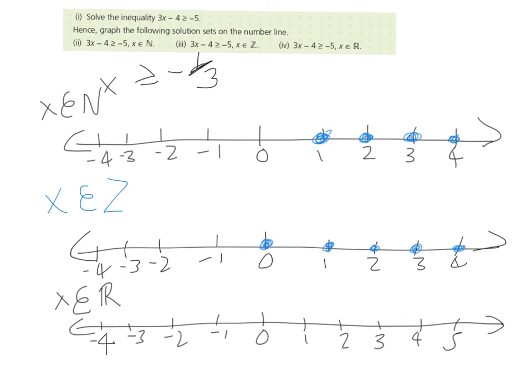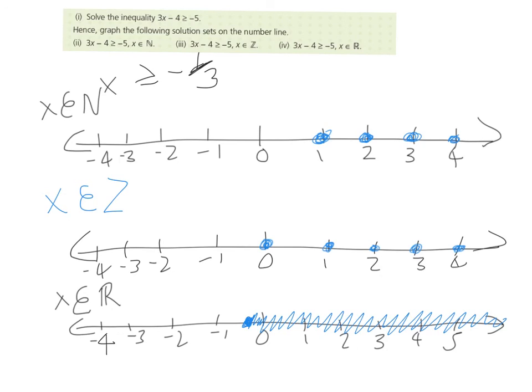So, well, minus 1/3 is a real number. And that's around there. And then remember, the real numbers are everything. So everything that's actually in between 0 and 1, 0 and minus 1/3, between 1 and 2. So what we do then is actually just shade in the whole line. And that's it done. And there we've now solved the inequality.